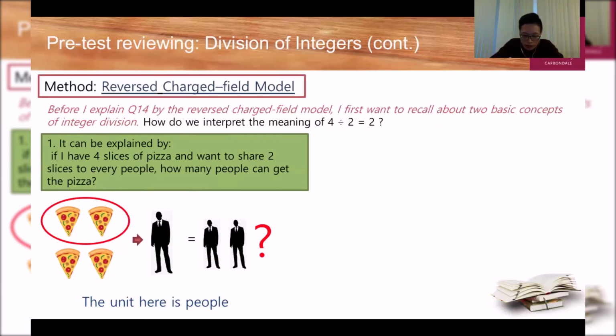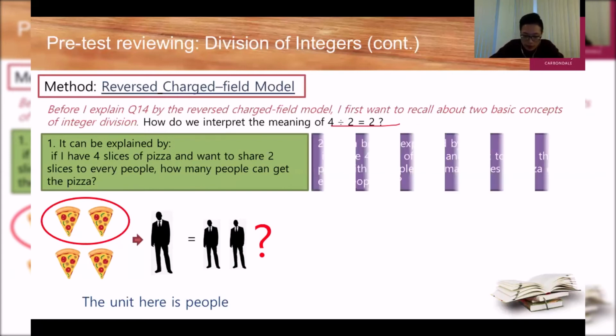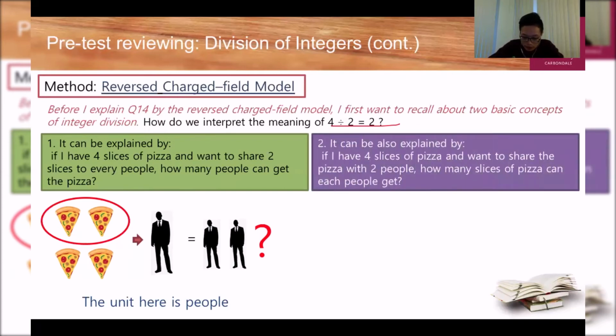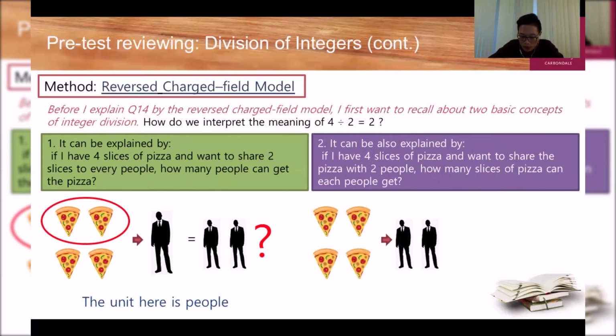And this equation can also be explained this way. If I have 4 slices of pizza and want to share the pizza with 2 people, how many slices of pizza can each person get?